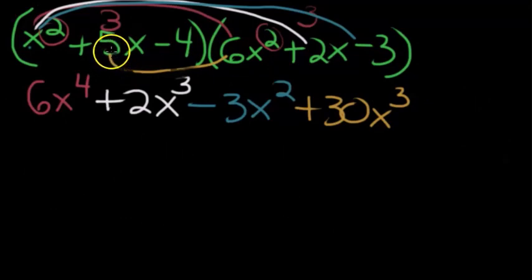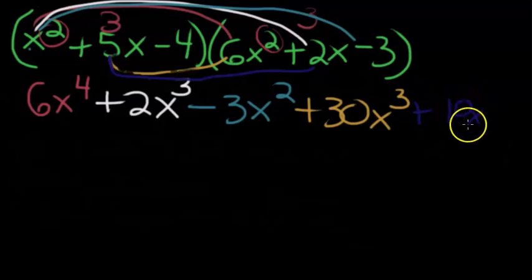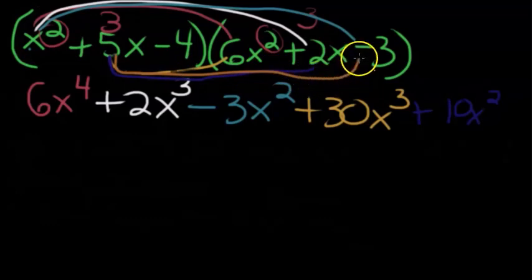Next we have 5x times 2x, which gives us 10x squared. Then we have 5x times negative 3x, which gives us negative 15x.